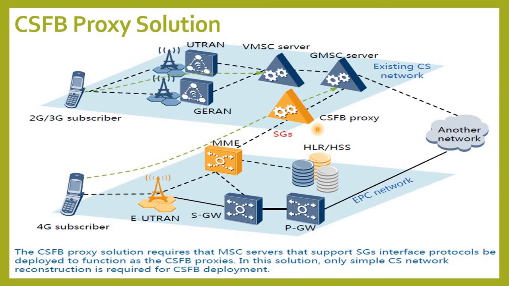It means that if the operator does not want to upgrade all the MSCs to support the interface between the 4G network and the conventional network due to any constraint, then only a few or even one of the MSC servers can be upgraded to support this interface, which is required for the registration of subscribers on both the LTE network and the CS network. This proxy server can be used for subsequent connectivity to the legacy 2G and 3G network. So this is called the CSFB proxy solution.